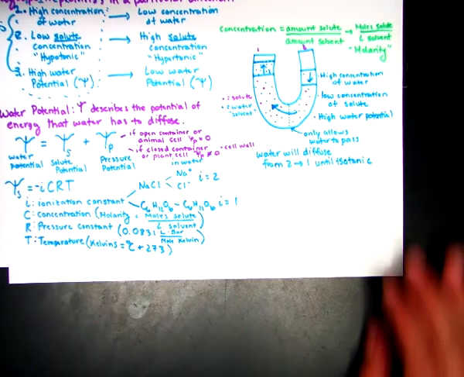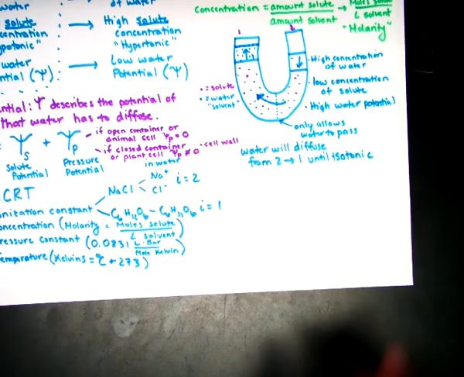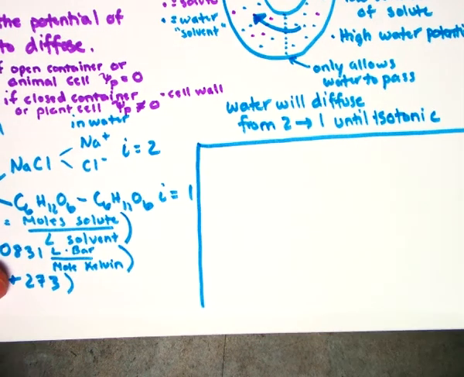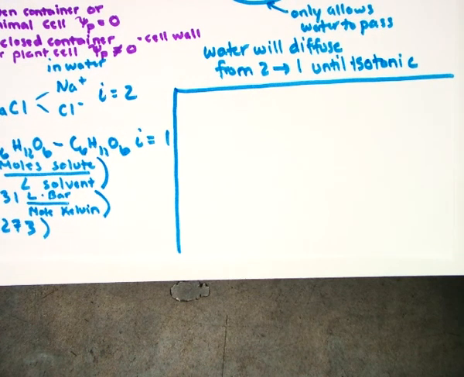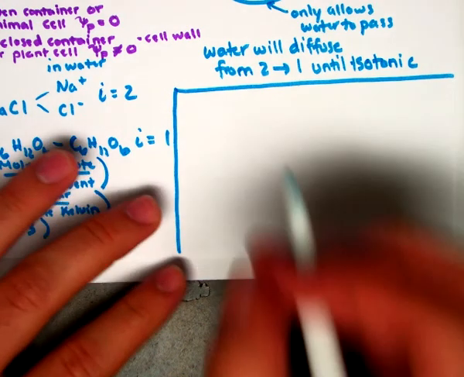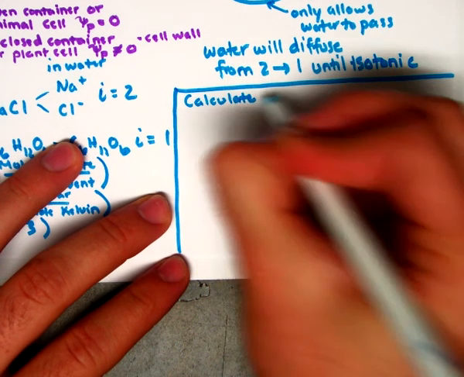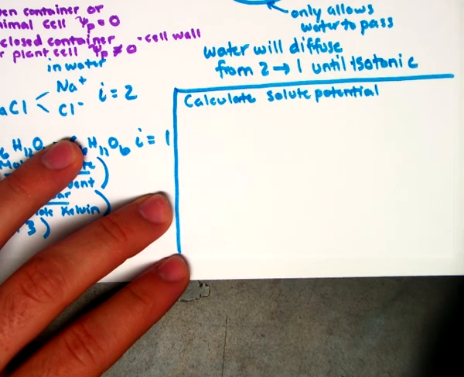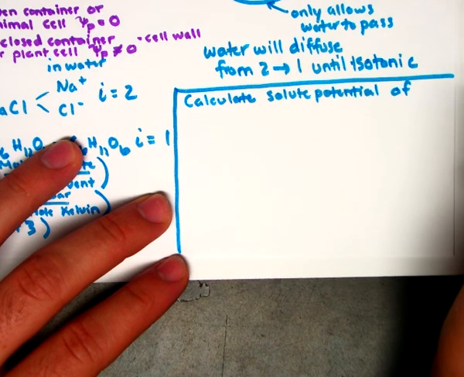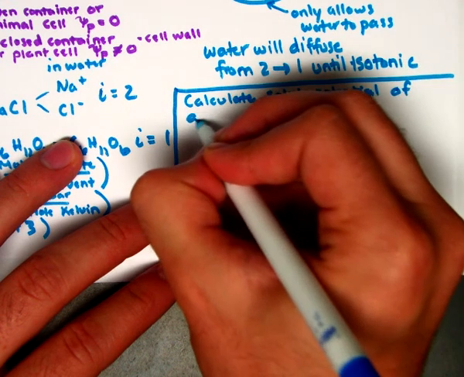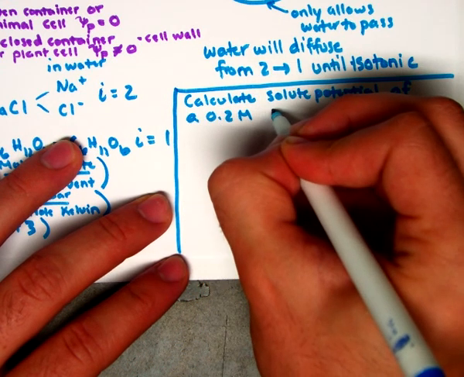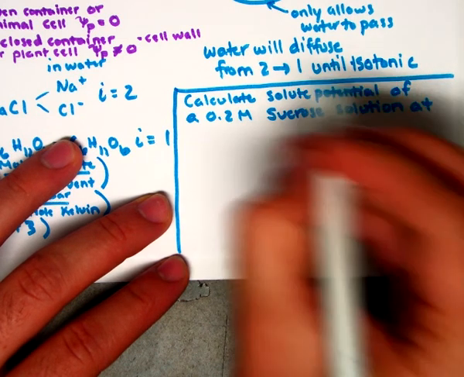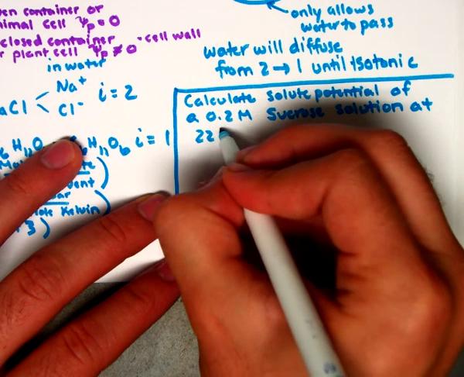All right. To wrap this up, let's do one sample, and then you're going to get lots of practice today. We want to calculate the solute potential of a 0.2 molar sucrose solution at 22 degrees Celsius.